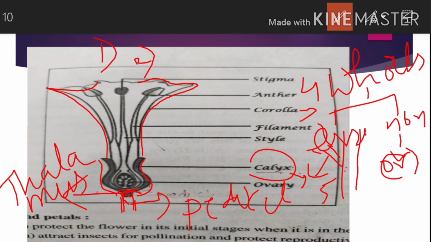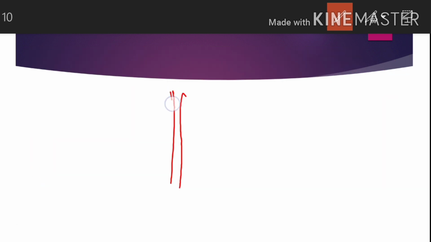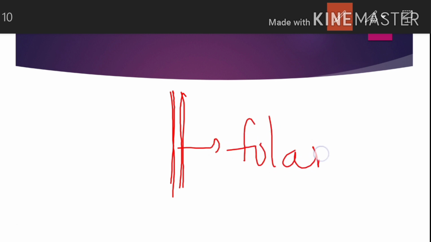The third part is the anther, which is in a stamen. Each one is called a stamen. All the stamens together are called androecium. Androecium is otherwise called the male reproductive part. A stamen has 2 parts. A long tubular structure is called the filament.